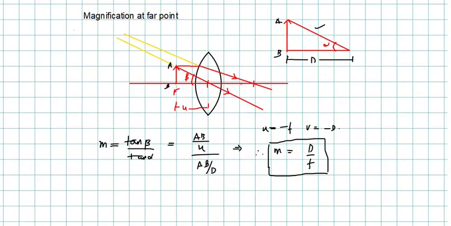Now, when you use the convex lens and adjust it, that means if you move the lens a little bit closer and farther, you will see the object will come at the focal point of the convex lens. When this happens, the final image of the object AB will be formed at infinity. At that time, what is the magnification? This is the maximum, the magnification D by F, correct. So, this is the magnification at far point.